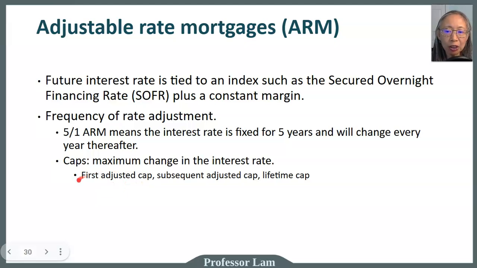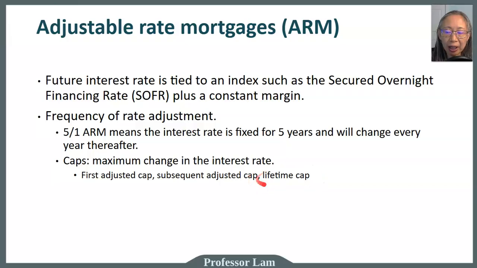This is how much the first rate can change. This may be 1%, 2%. So if your current rate is say 5% and the first adjustment cap is 2%, that means it can go up to 7%. The subsequent adjustment cap means how much the interest rate can go up each time it is adjusted.